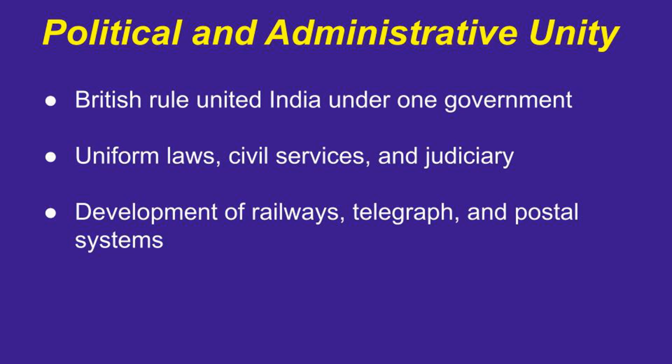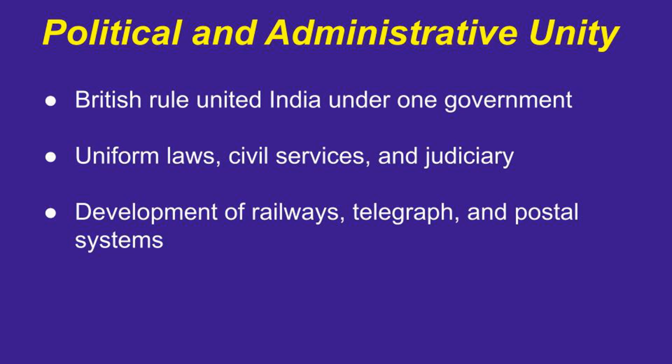Before the British, India was a mosaic of princely states and kingdoms. Ironically, the British were the first to bring the entire subcontinent under one administrative system. They introduced a single legal code, an all India civil service, and systems of communication like the railway and the telegraph.